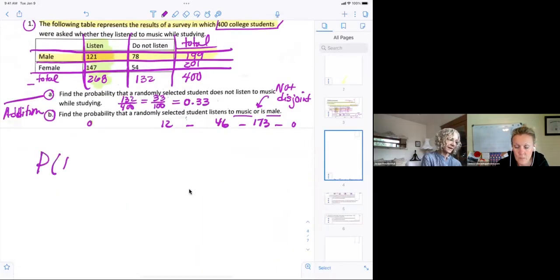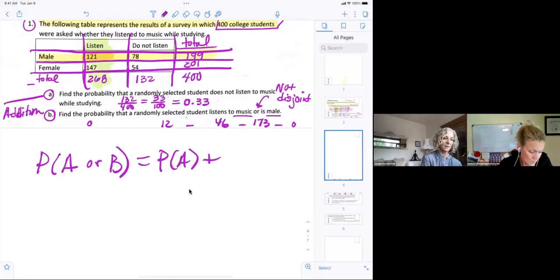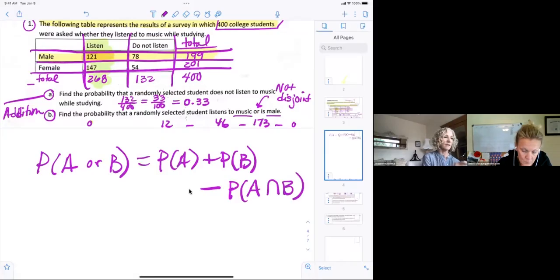The probability of A or B is the same as the probability of A plus the probability of B minus the probability of A intersect B. I use the word or, which is also the same as union.